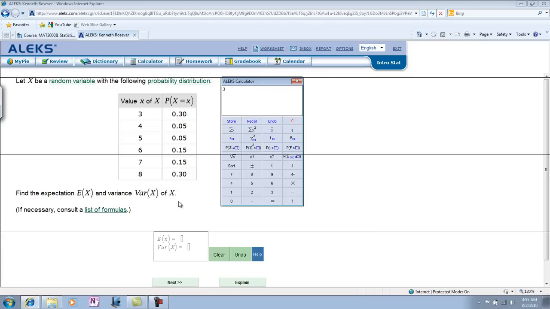So here we go. 3 times 0.3 plus 4 times 0.05 plus 5 times 0.05 plus 6 times 0.15 plus 7 times 0.15 plus 8 times 0.30. Enter. 5.7. And that looks reasonable because the 30 here and the 30 there kind of balance, and the 5s and the 6s pull it away from 5.5 and maybe pull it a little higher. So I'll buy that 5.7 as a reasonable answer.